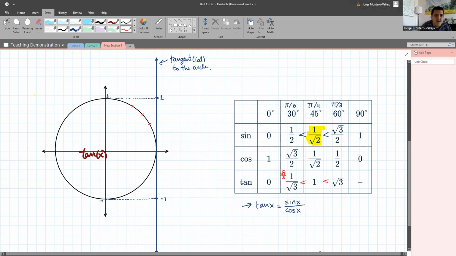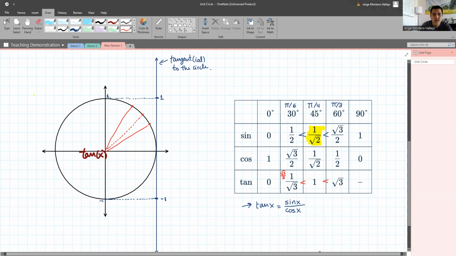Now, if you trace these and connect them to the origin like we did before, like this, and then like this, and then the one that is halfway through, 45 degrees.